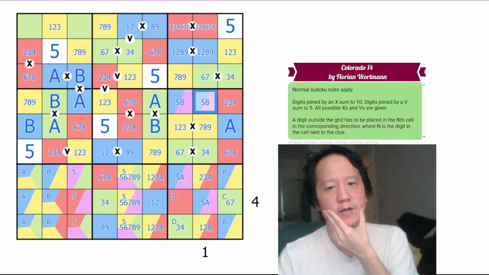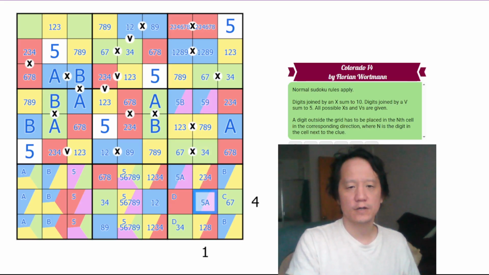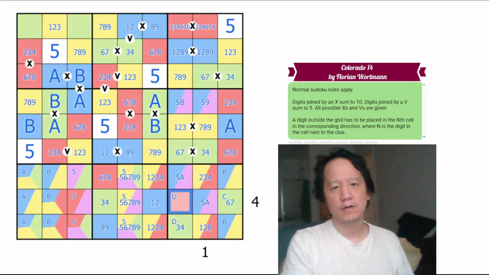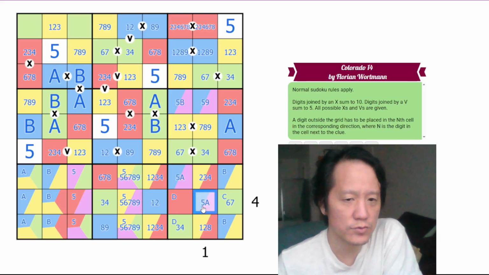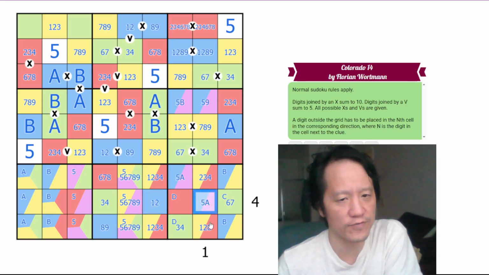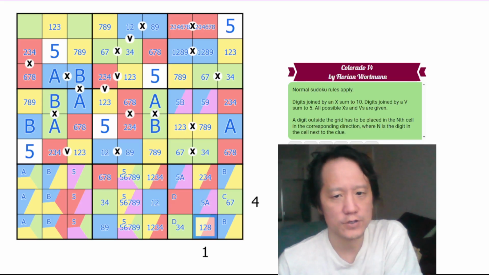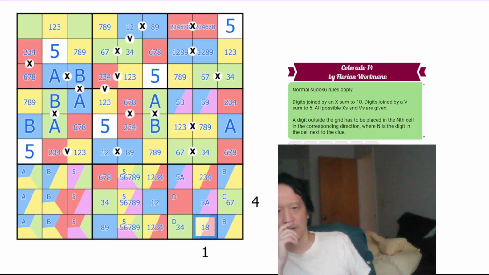So this cannot be 1 either. This is 5 or 9. If this... Okay, so this can never be 2. Because if this were 2, that would force us to be 1 in the low blue, but the low blue is already here. So this can only be high blue or 5. So this can never be 2. This is 1 or 8.